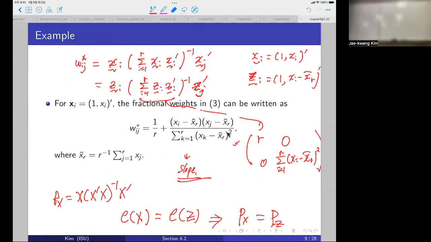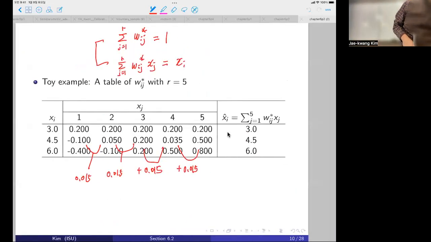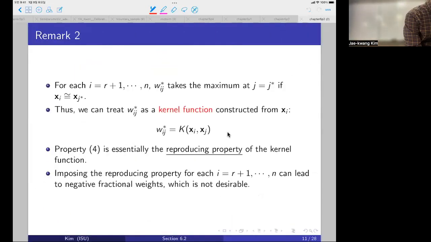I is fixed, you just change J. You change J and look over J and see which one has the maximum. That is when xj is equal to xi, right? Then they are squares, so it should be the highest. So that is one observation. So that is this one.